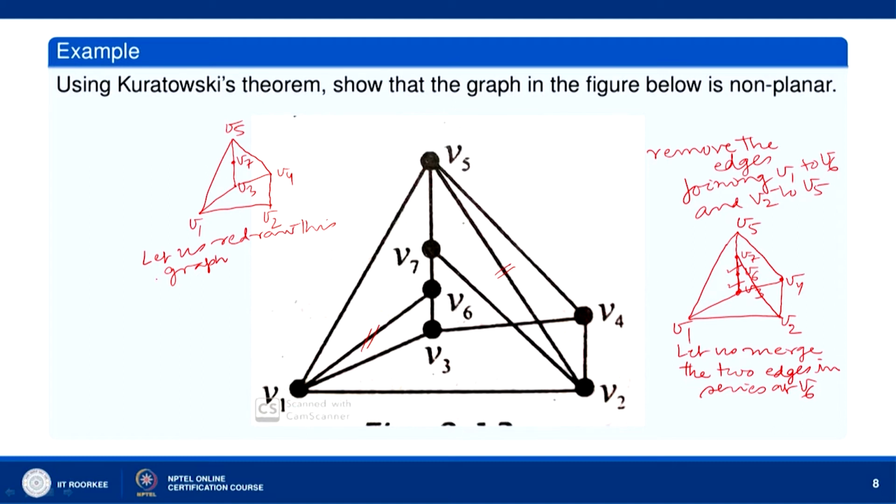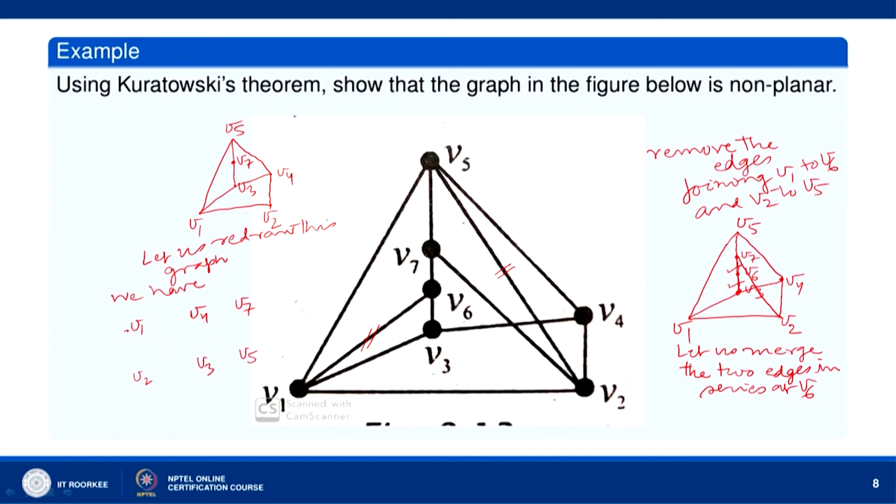We have the following. We have B1, B4, B7, B2, B3, B5.